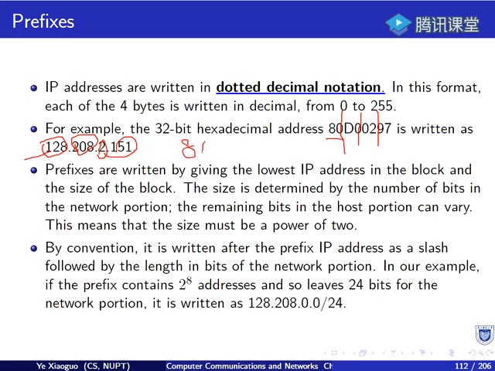Hexadecimal 80 equals what? 8 times 16 plus 0.